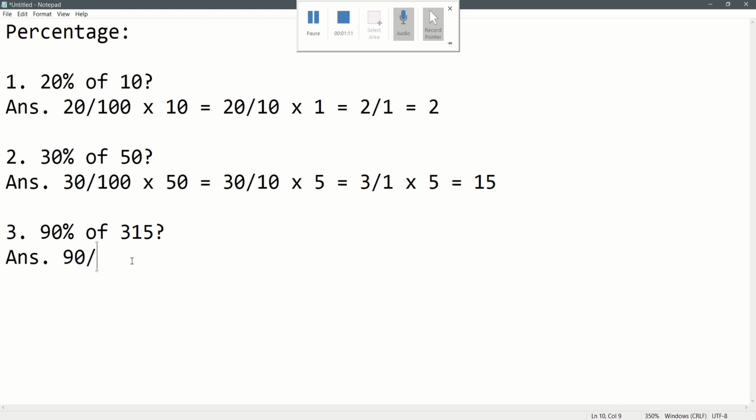So 90 by 100 multiplied by 315. Over here we will be cutting the zeros in this step. So 0 0 gone. And now 9 multiplied by 315, what is the answer?